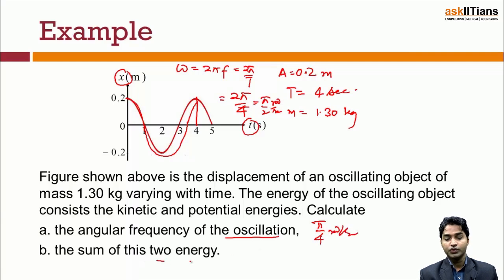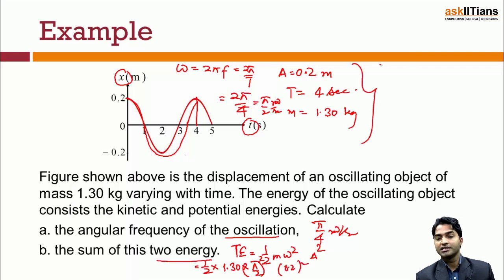Now the sum of the two energies is always constant, that is equal to 1 by 2 m omega square a square. On substituting the corresponding values, that is 1 by 2, mass is given as 1.30, omega is already calculated, pi by 2 whole square, and amplitude is given, that is 0.2 whole square.